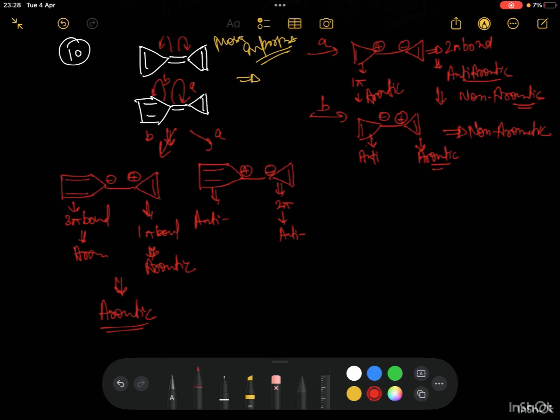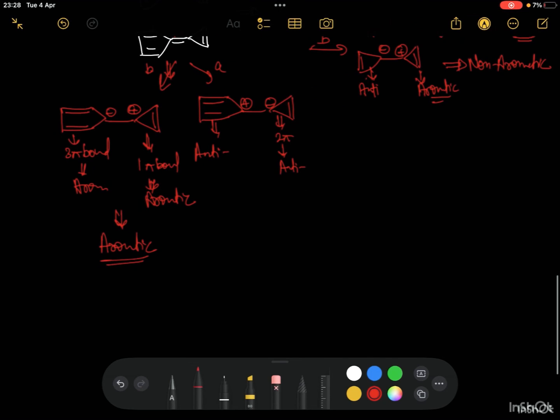If any one ring is becoming anti-aromatic, then that compound will become non-aromatic. So if I am giving this ring A and this ring B, if A and B both are aromatic, that means this system is aromatic.